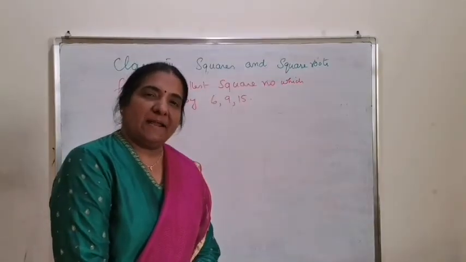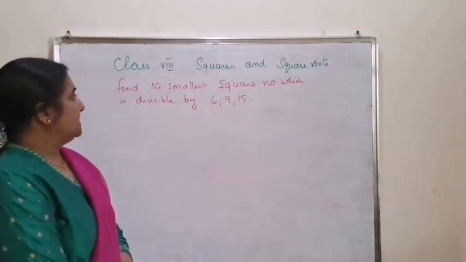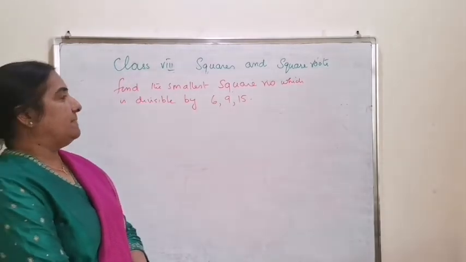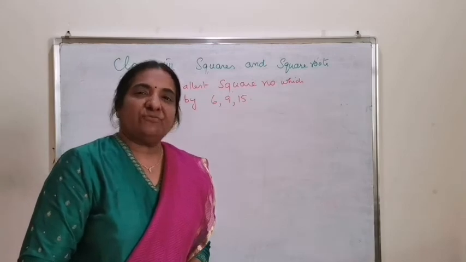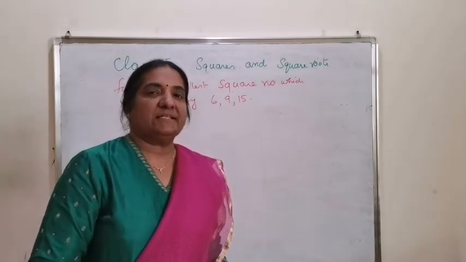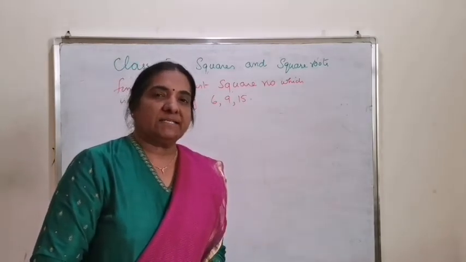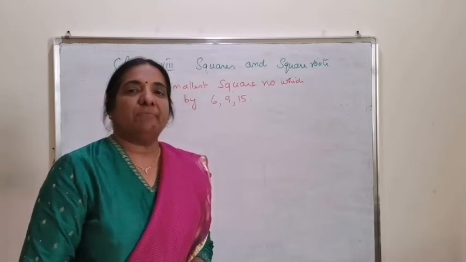One more I will explain with the same pattern. Find the smallest square number which is divisible by 6, 9 and 15. The first step is to find the LCM, and from the LCM we can understand what factors are to be multiplied.